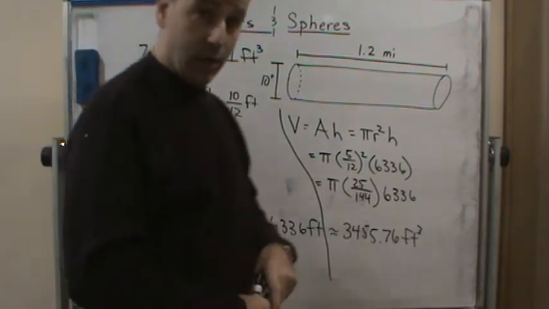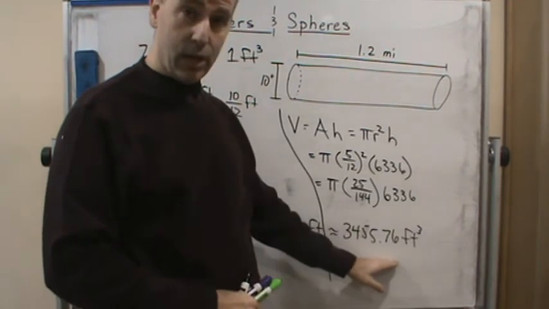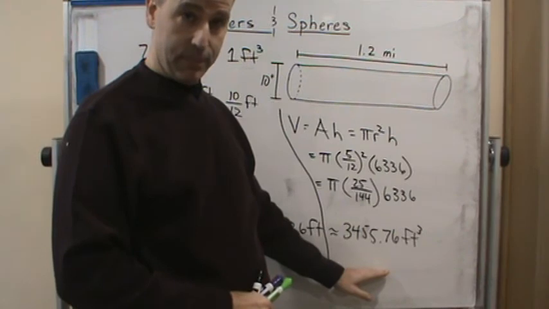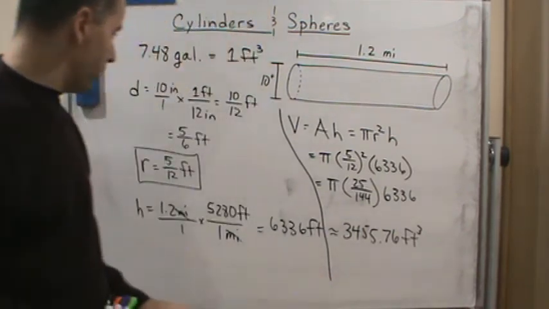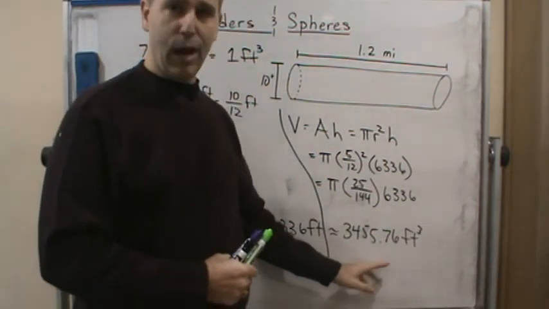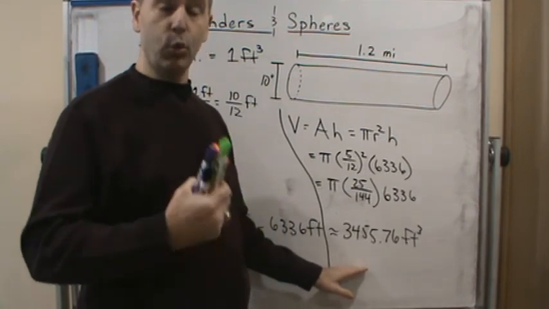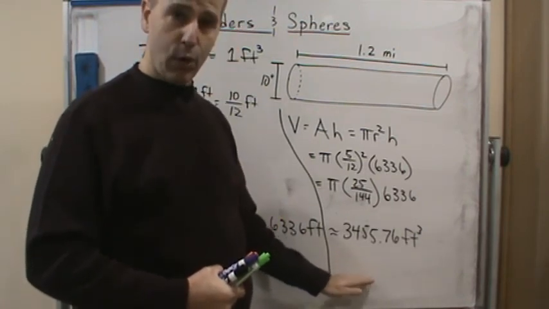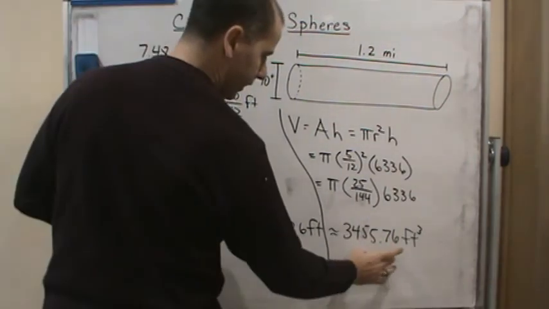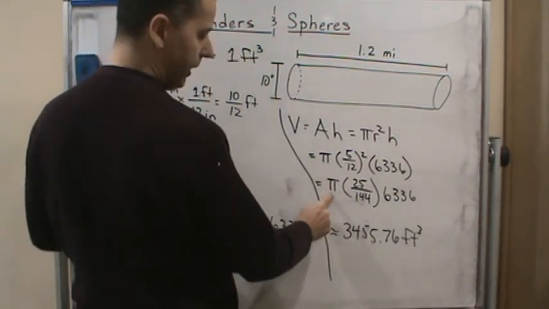Now, the way I would do this, just so you know, is I would not round here. I would keep this in my calculator with as many decimal places as the calculator has, and then I would use this conversion factor. That way you don't get round off here. Now this is probably not going to make a difference as far as rounding to the nearest gallon, but just as a rule of thumb, you never want to round until you get to your final answer.